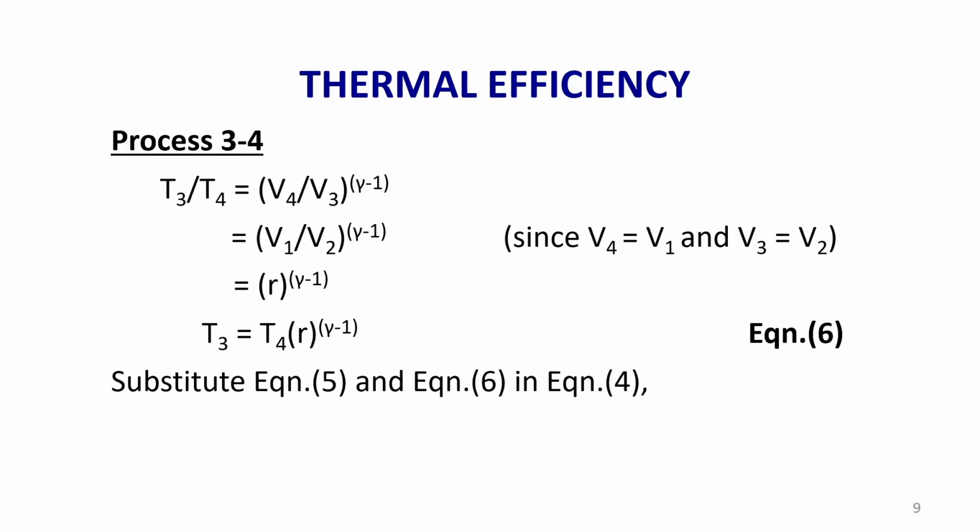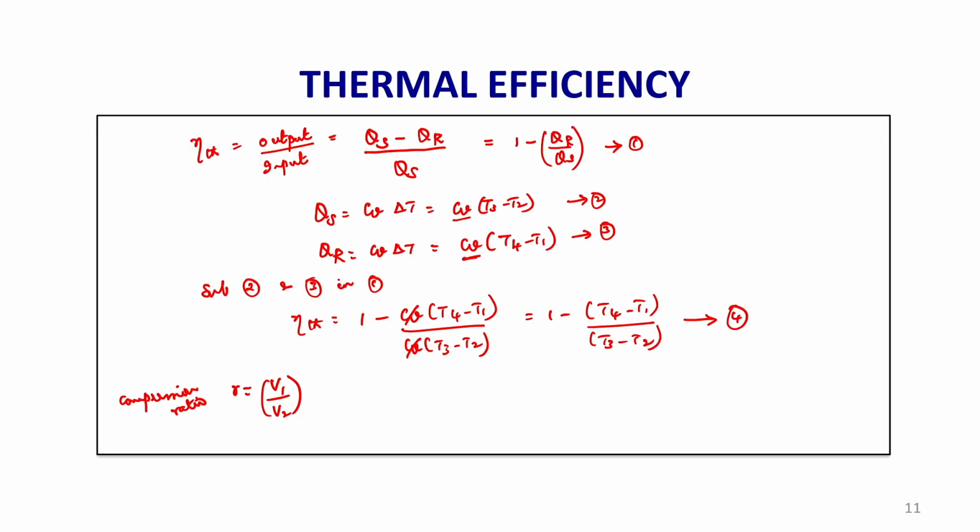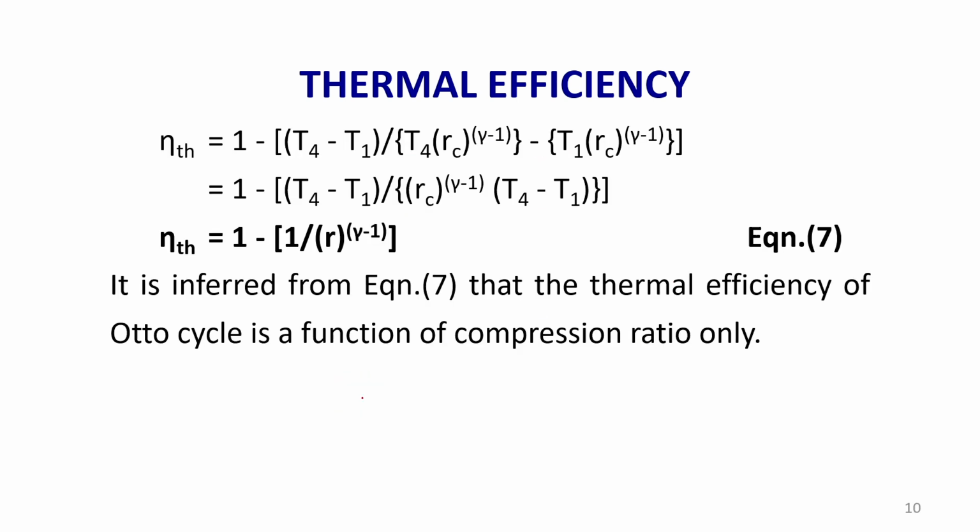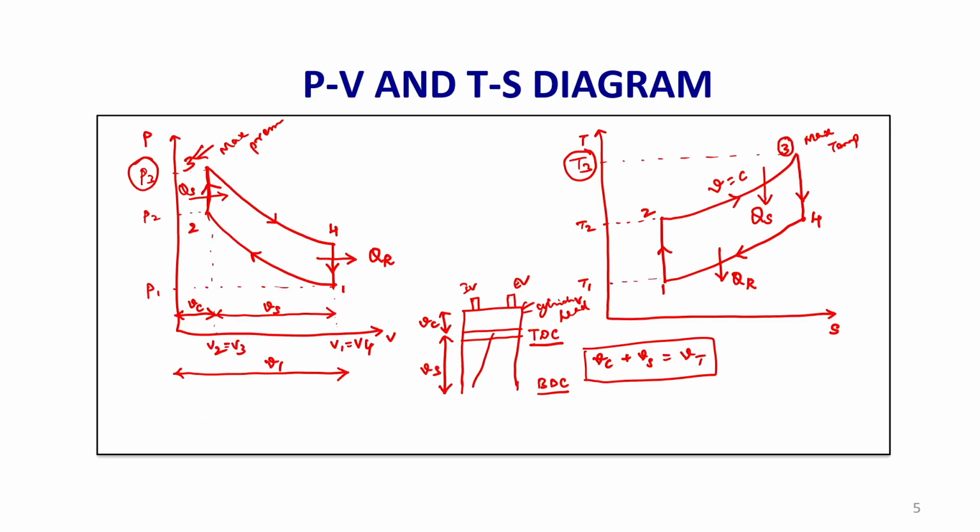So, this is the compression ratio V1 by V2, whereas V1 is equal to V4 and V2 can be written as V3. V1 is equal to V4 because 4 to 1 is constant volume process and V2 is equal to V3. Similarly, 2 to 3 is constant volume process.